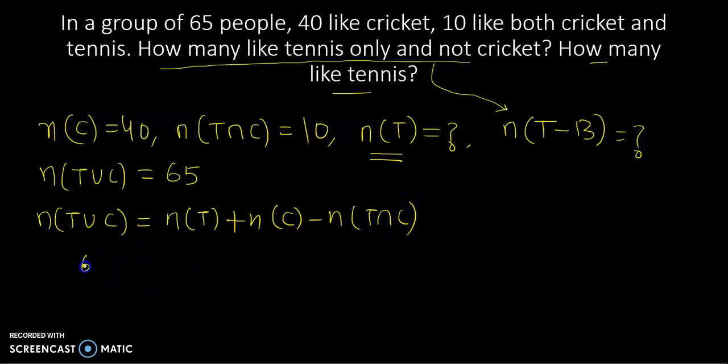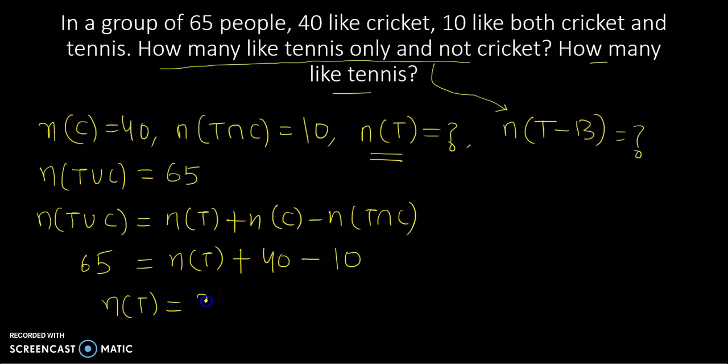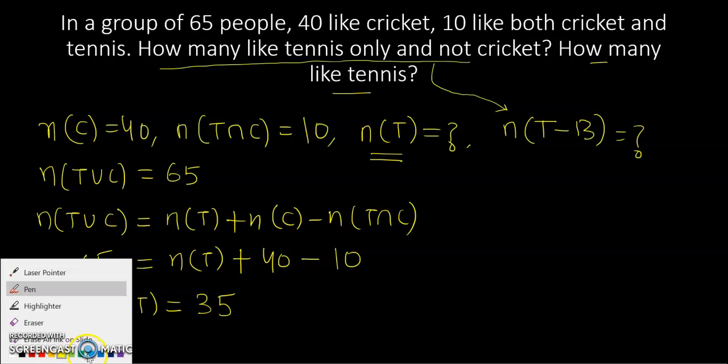So 65 is equal to this. I want to find out the number of people liking tennis. The number of people who like cricket has been given as 40, and the number who like tennis and cricket is 10. With a little arithmetic, it comes out to be 35 people like tennis. So I have got the answer for this. Number of people who like tennis is 35.